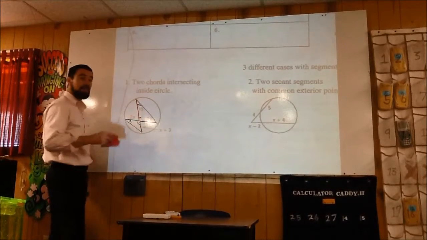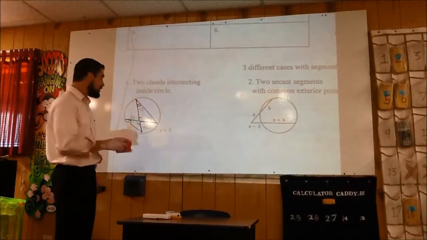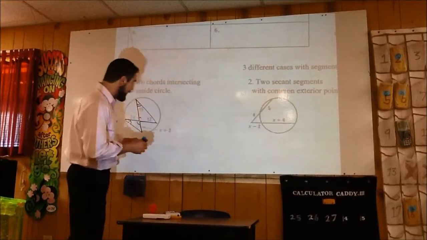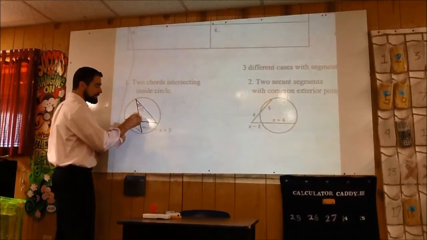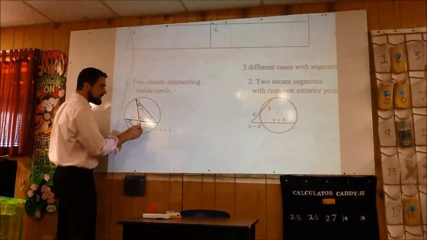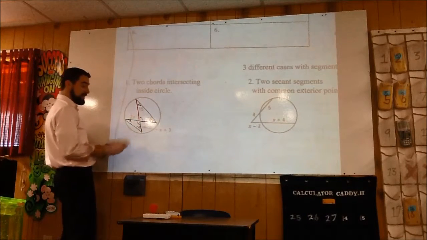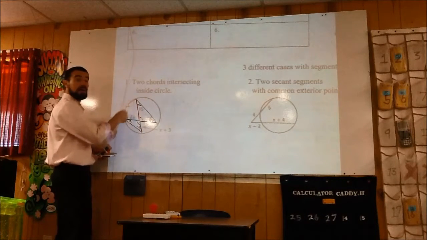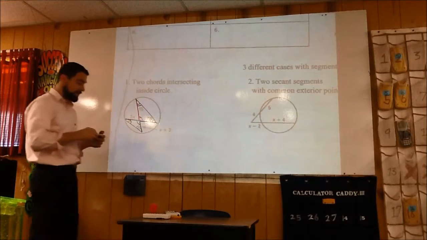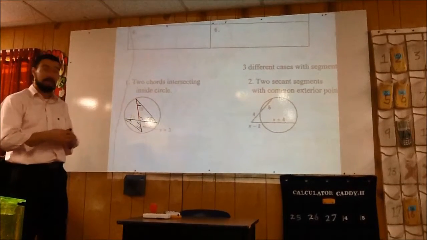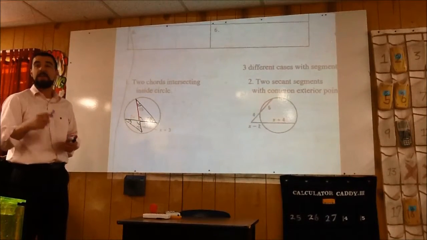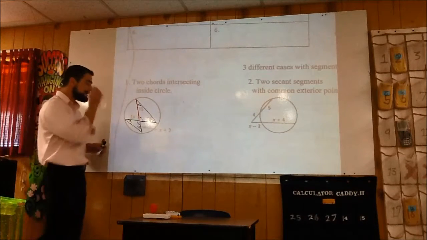Now, identifying the corresponding sides, we need to use our angles. I know that this angle is congruent to that angle as well because they intercept the same arc. So we know all of these angles are congruent. When we set up a proportion, we need to make sure that we're comparing the correct sides.